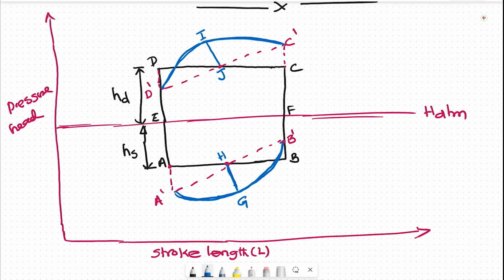If I take it now, you know this part is HAD. Similarly, this part is HAS. Same is the case. So if you want to write, for example, AE is equal to HS, then A dash is equal to HAS.